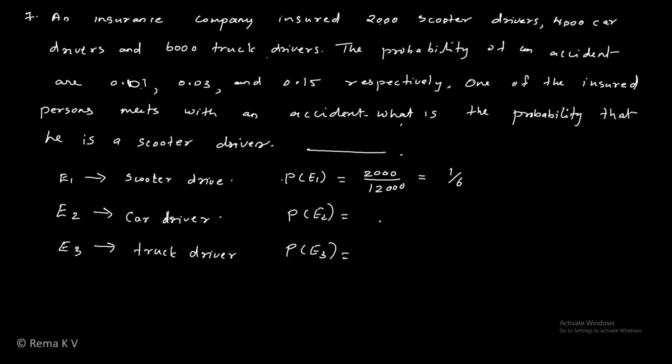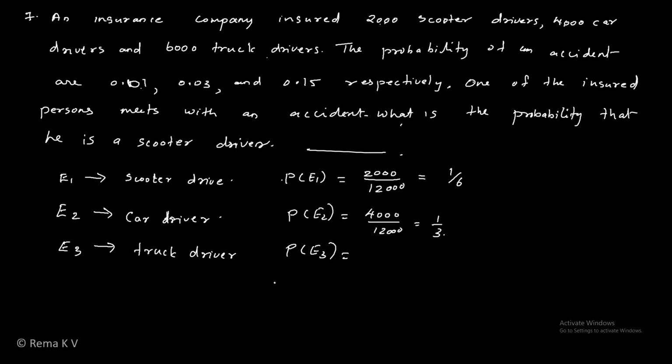What is the probability of E2? Probability of E2 is 4,000 by 12,000, which is equal to 1 by 3.